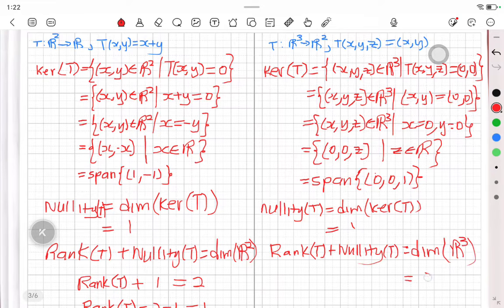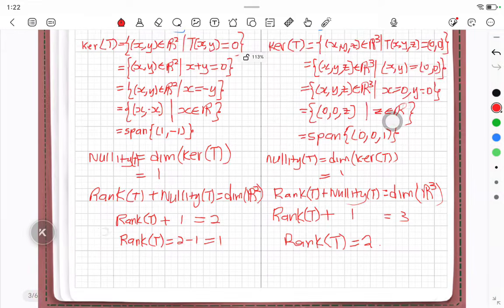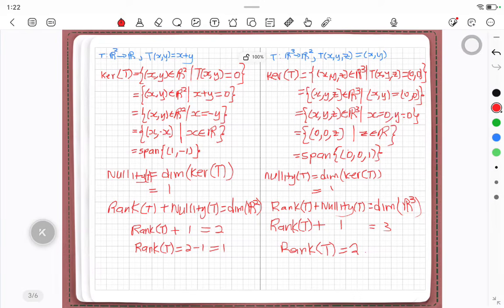The rank of T will be 2. Meaning that the rank of T will be 2. Do you agree there, right? So using the formula we would get that.